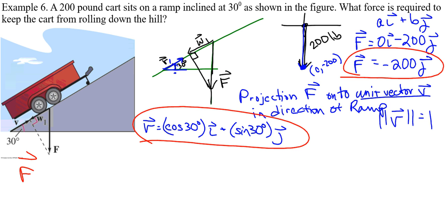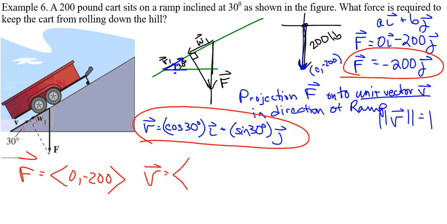That maybe seems weird on the headphones here because you didn't hear anything, but F would be <0, -200>, correct, in component form. And then V, well, we'll just figure it out. V would be cosine of 30.